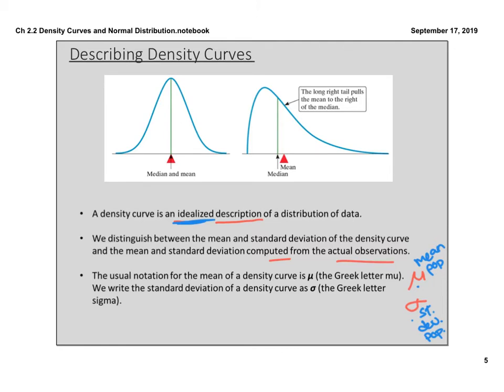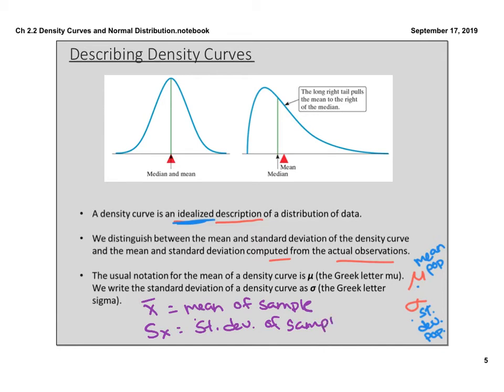That's versus if we were just looking at the data that we computed the summary statistics of, then we are looking at x bar for the mean of a sample. That's called a sample. Or s of x, which is the standard deviation of a sample.